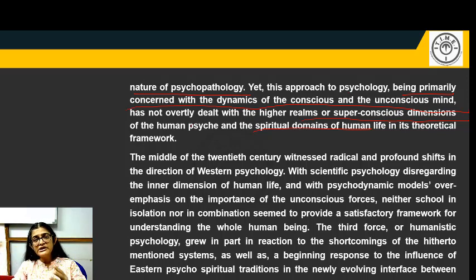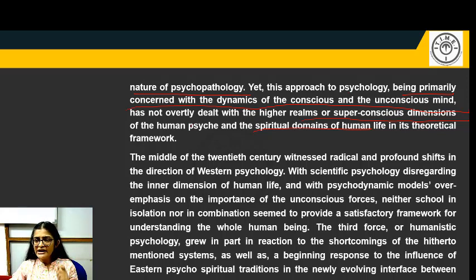okay, and spiritual domains. The middle of the 20th century witnessed radical and profound shifts in the direction of Western psychology, with scientific psychology disregarding the inner dimension of human life. That was the weakness of scientific psychology.